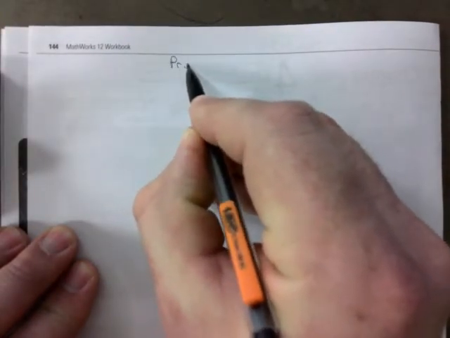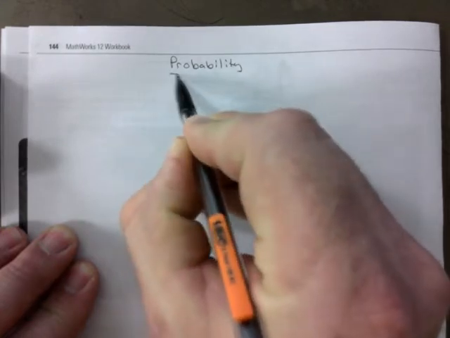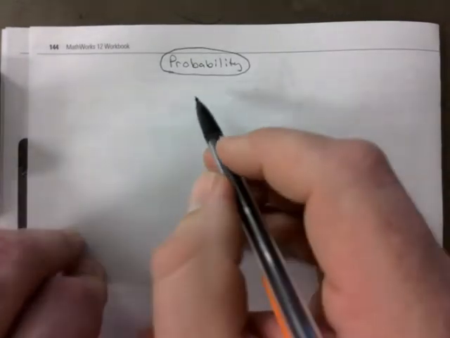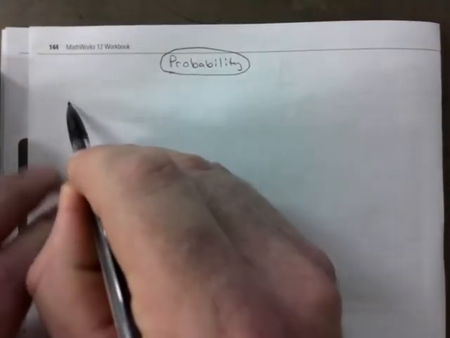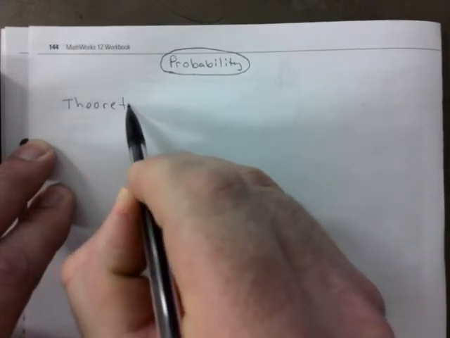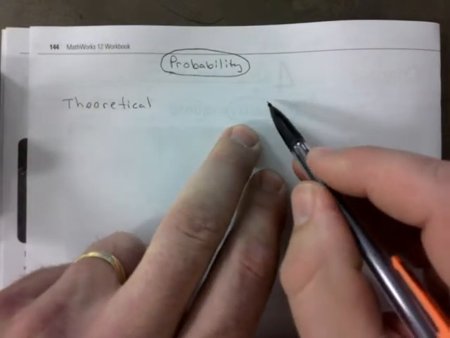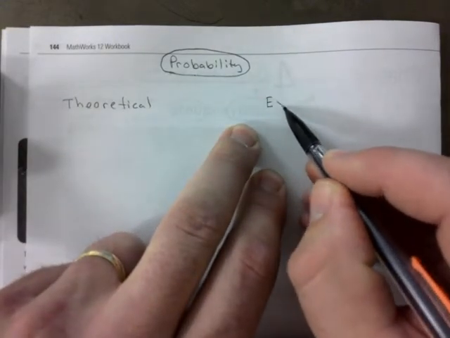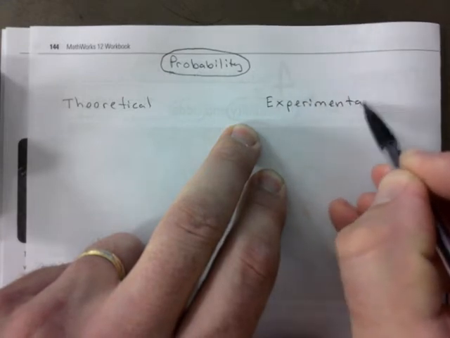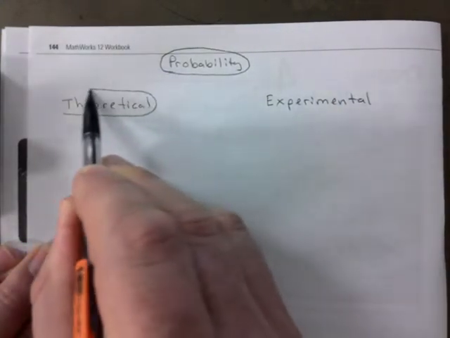Let's start with probability at the top. Circle that. And that branches off into theoretical and what we call experimental. I will circle those two as well.